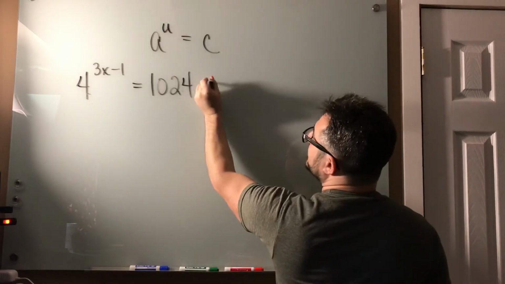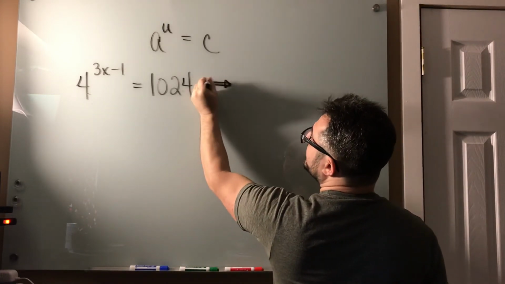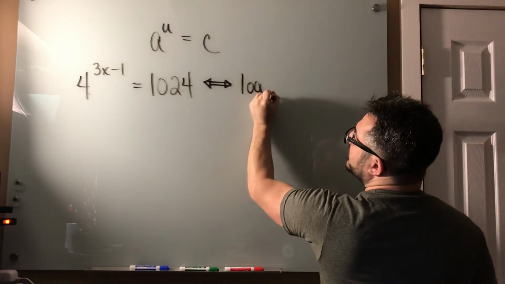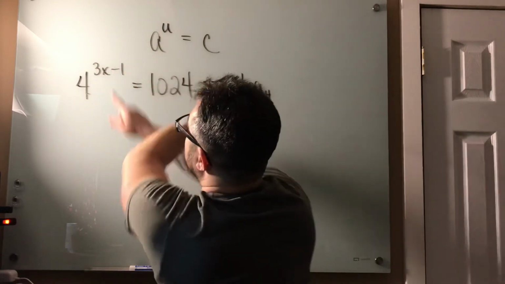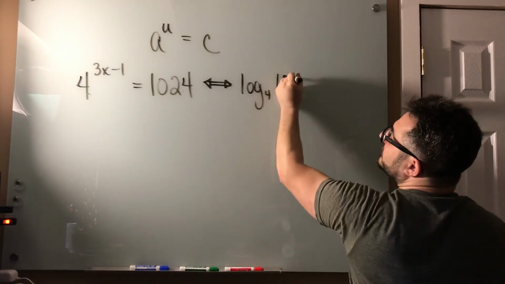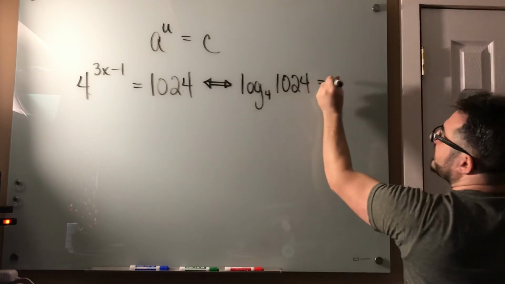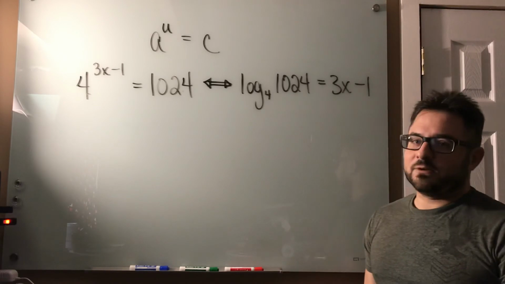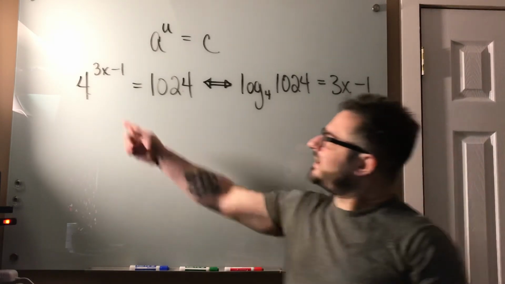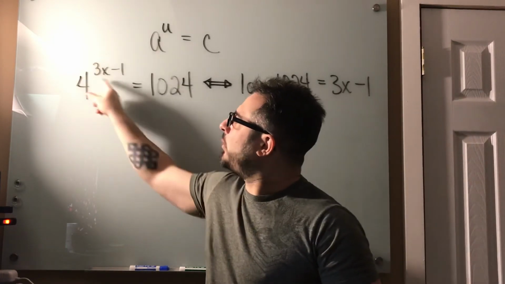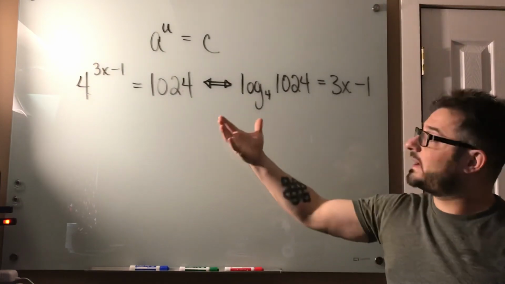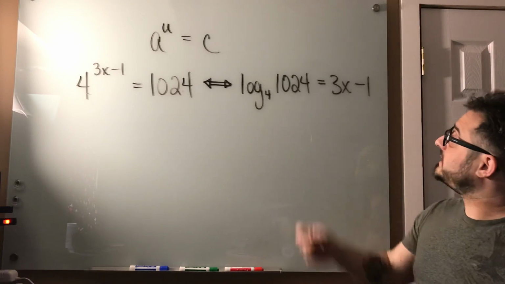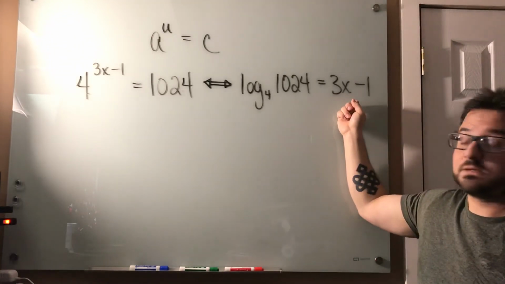We could then, from here, write the equivalent logarithmic statement, the log base 4, and then switch these two. So the 1024 is on the left, and the 3x minus 1 is on the right. Not as bad as the last one, granted, but again, it still kind of has that thing where you need to remember that this is one item and you can't deal with the 3 and the x and the minus 1 as separate entities until you've reached this point.